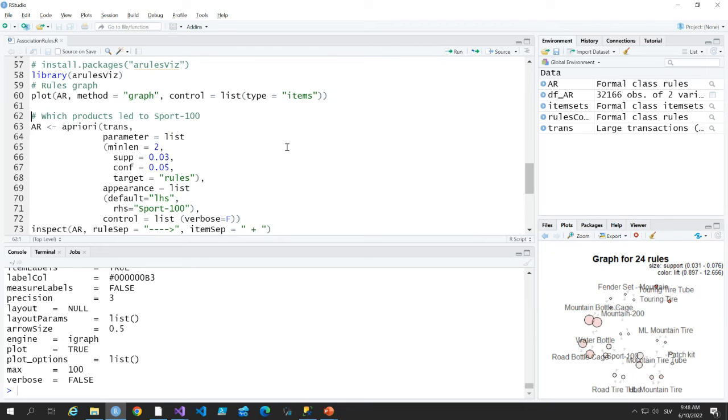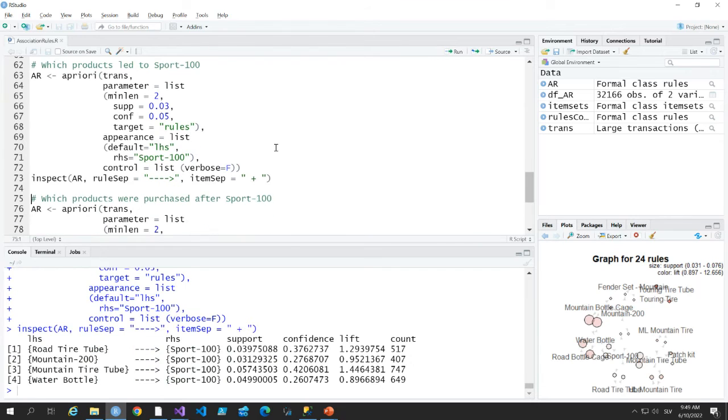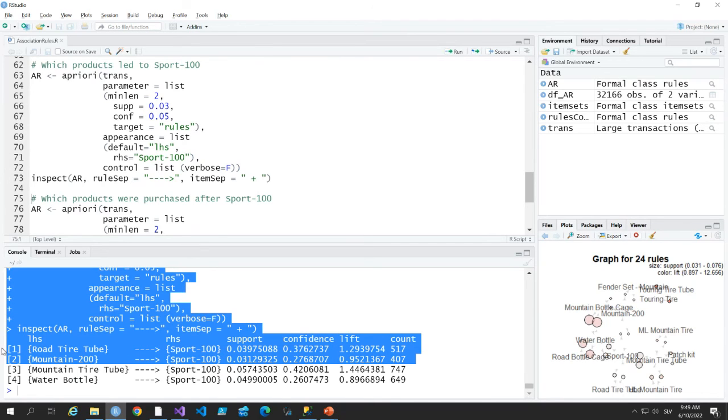Also, I can then do some additional filtering. So, for example, which products are leading to Sport 100? So find the rules, most important. So road tire, tube, Mountain 200. These are those that lead to Sport 100.